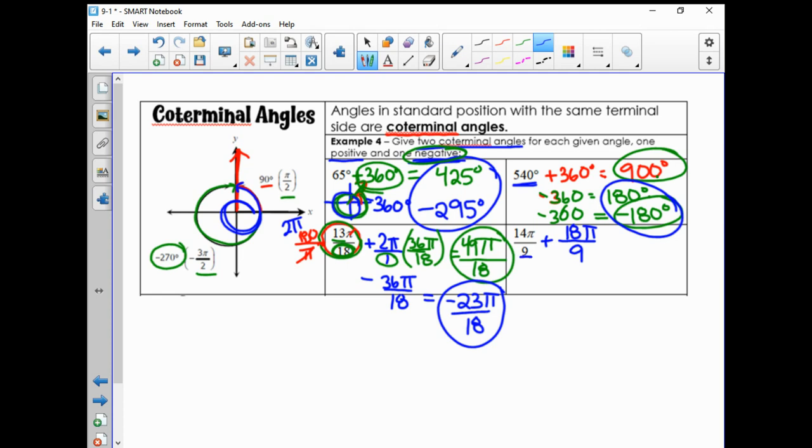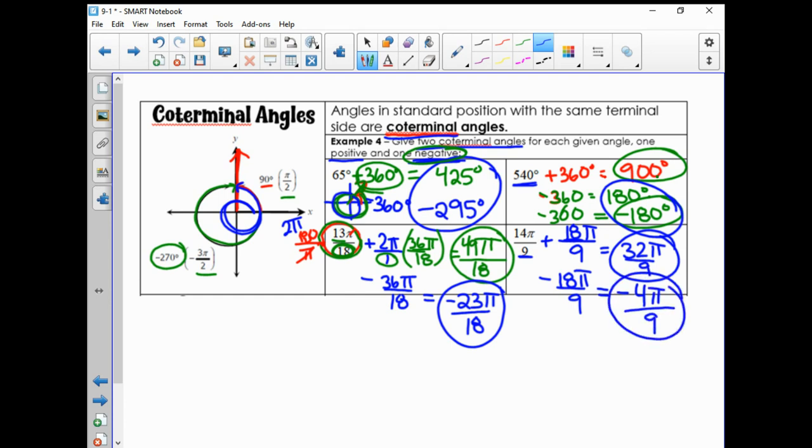Again, I just looked at the denominator and then multiplied it by 2 to get the numerator right there. All right, so 14 plus 18 gives me 32. 32 pi over 9. That's a positive coterminal angle. And then I'm going to subtract 18 pi over 9. So 14 subtract 18, that'll give me negative 4 pi over 9.